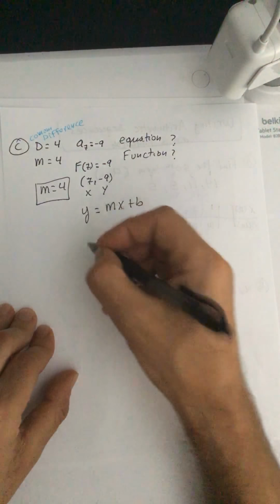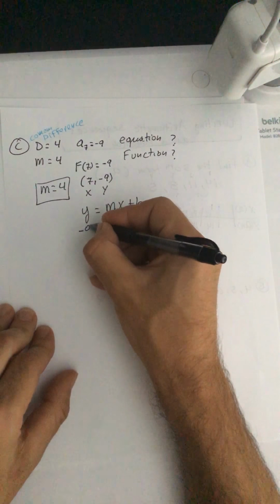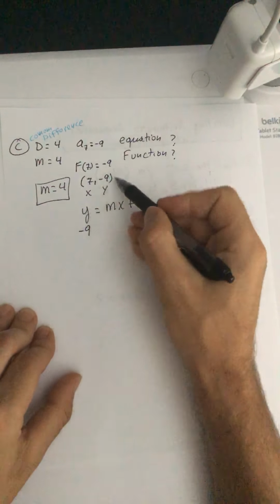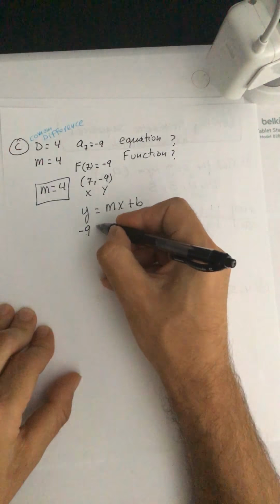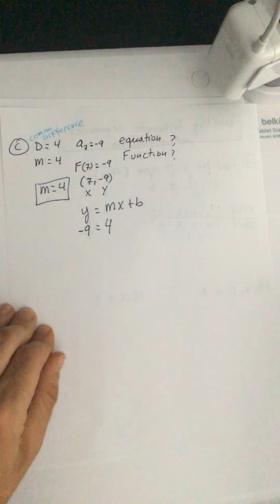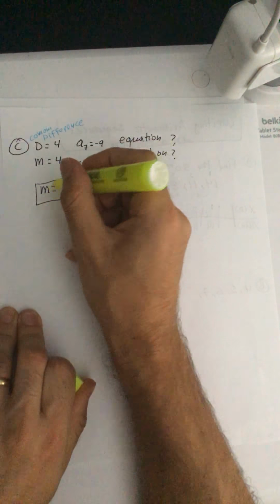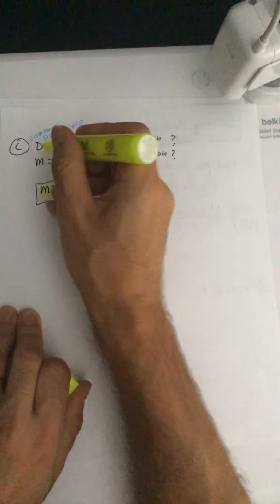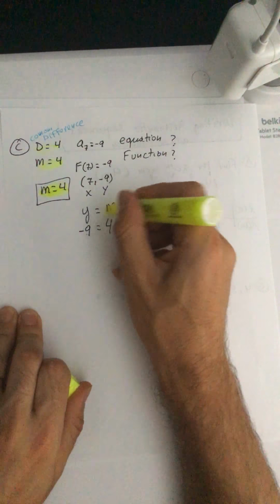So my y is going to be -9. That's my y, -9. My slope is going to be 4. Remember that slope, that's 4. My common difference is the same thing.